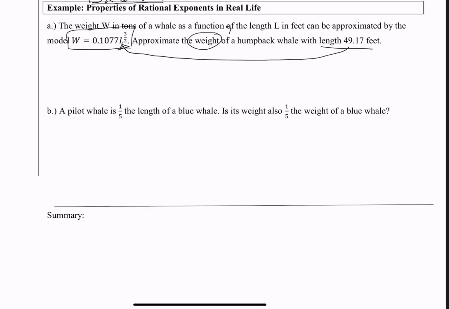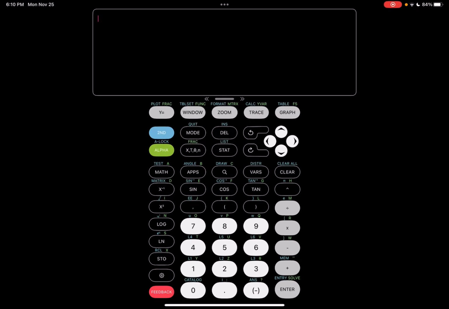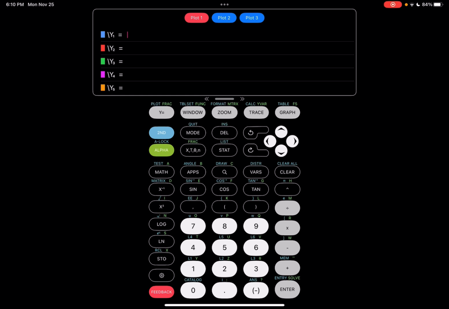I don't think I would expect you to do this without a calculator, so I'm going to do this with a calculator and use our graphing feature. Let's go to y equals and type in the formula for the weight of a whale.